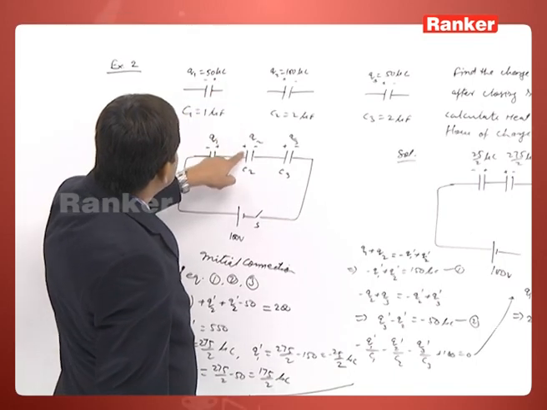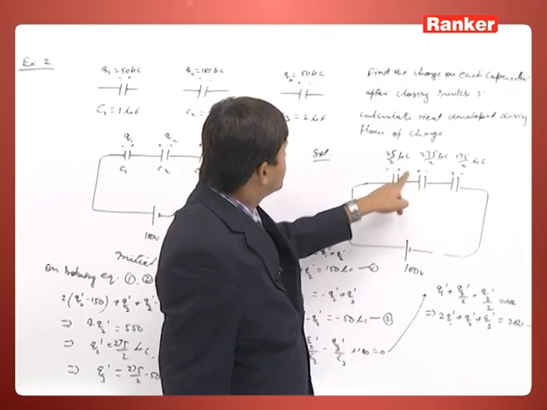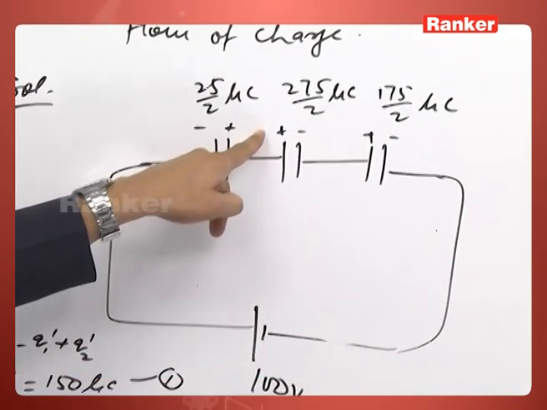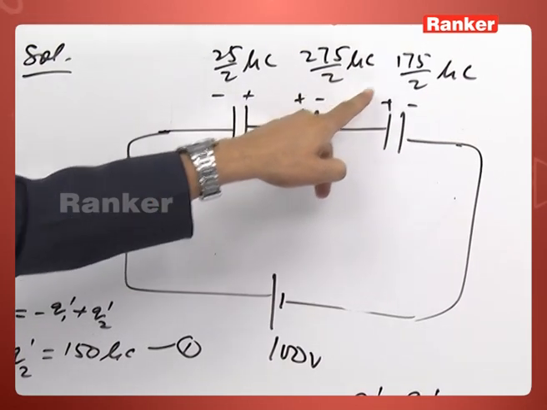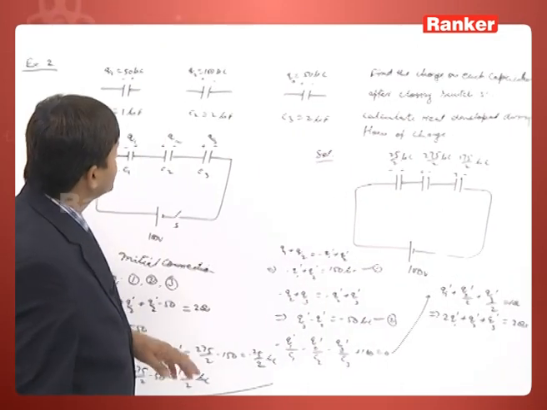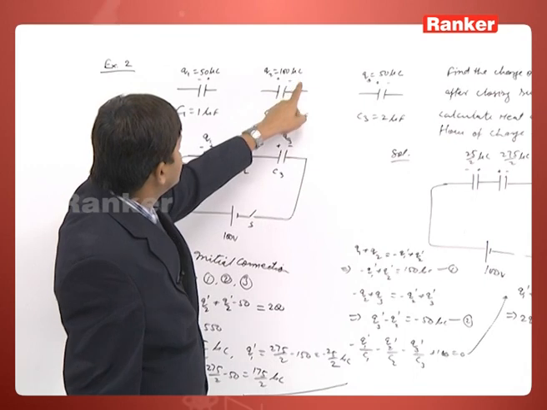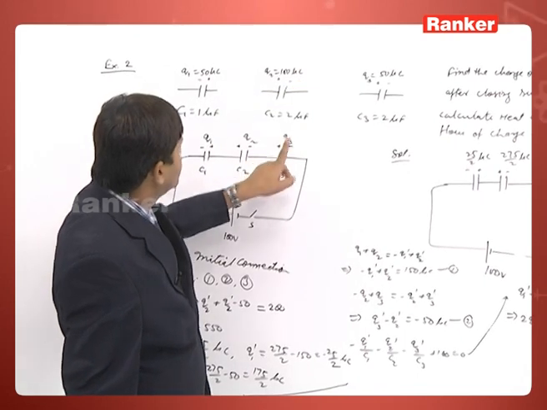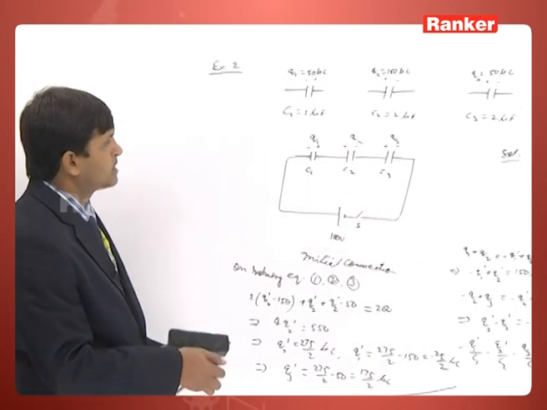Here Q1 plus Q2 is 150. So see here, 275 plus 25 by 2 is 150, and here minus 275 plus 175 by 2 is minus 50. So minus Q2 is minus 100, and Q3 is 50, minus 50. So this is the final distribution of charge.